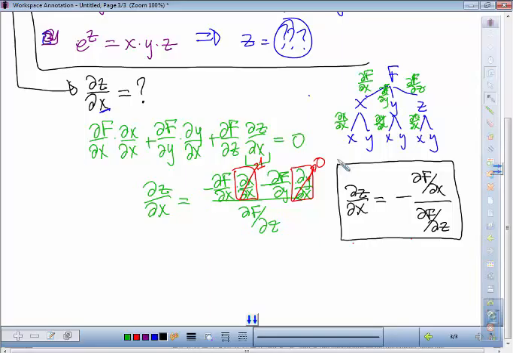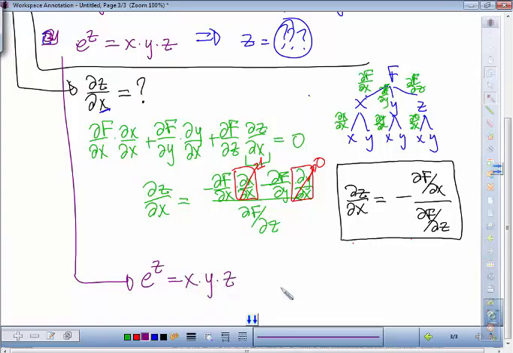So let's see. Let's do this as an example. We got e to the z is equal to x times y times z. And let's ask ourselves to find dz dx. Sorry, we're going to do this on another page.